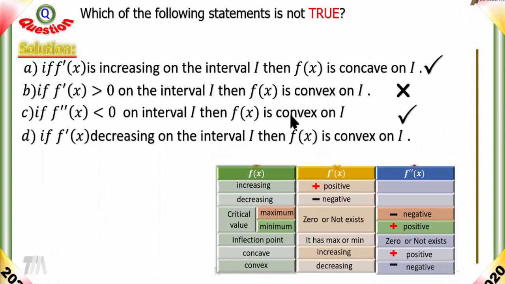That means it is true. If f prime of x, the first derivative, is decreasing on the interval I, then f of x is convex. Decreasing, convex, it is true. That means B is not true.